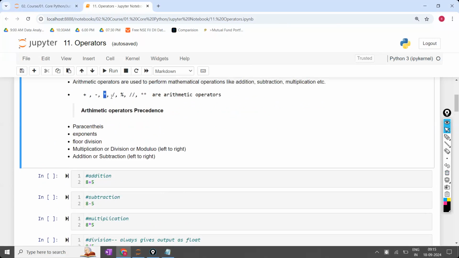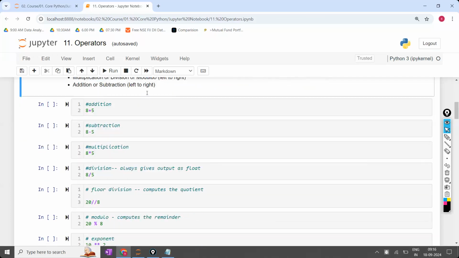Then minus, into, and division. Up to here everyone knows commonly: plus, minus, into, and division. Additionally, we have floor division, modulo, which is the percentage symbol, and exponent, which means power. Let me explain one by one with examples.